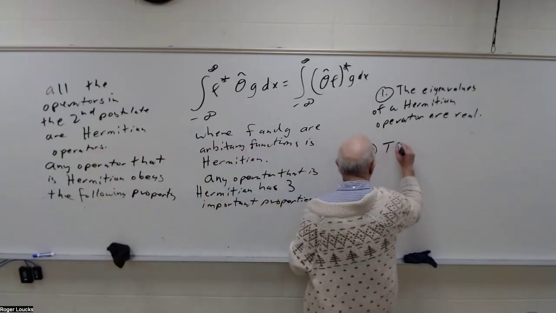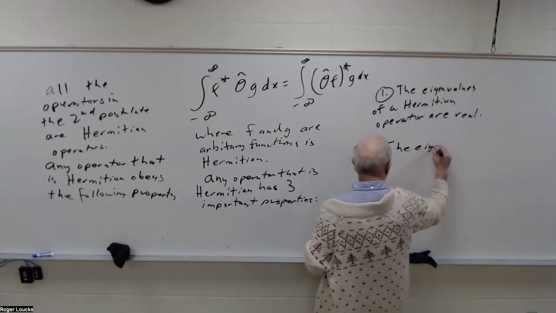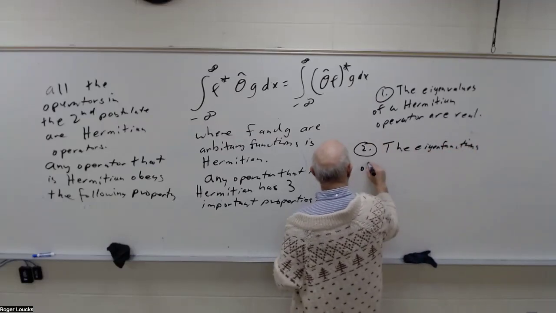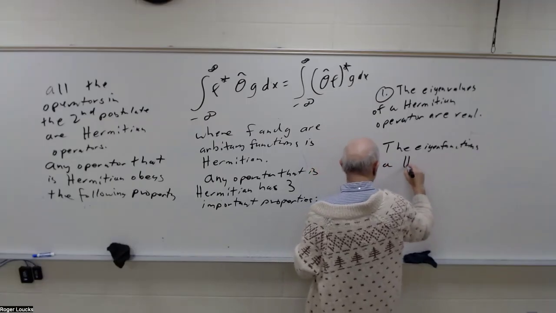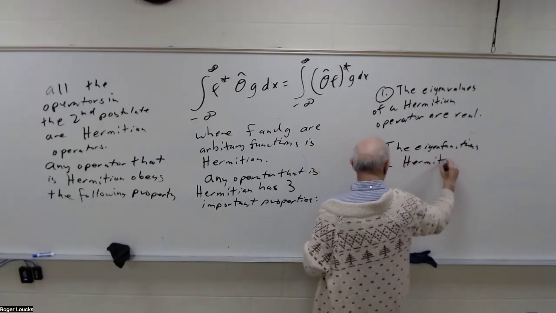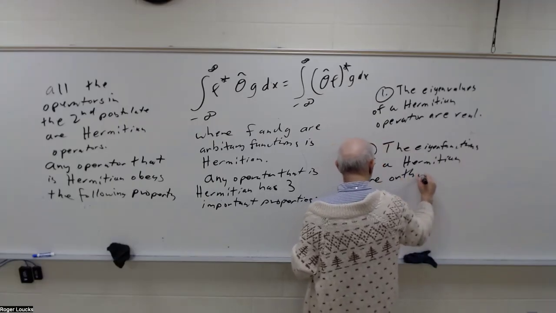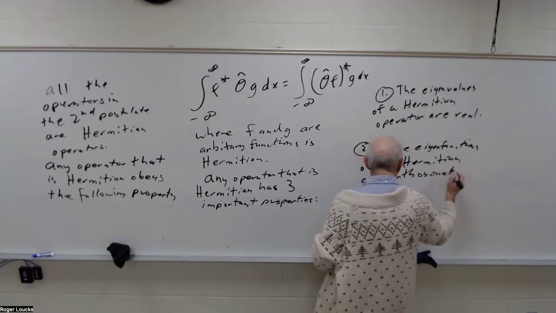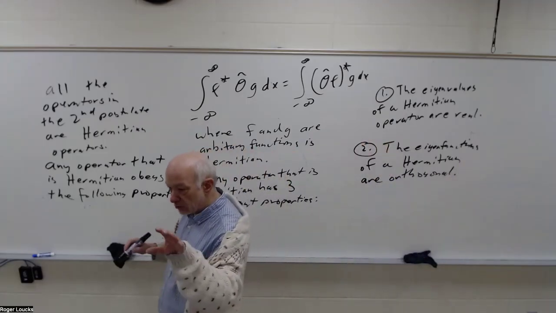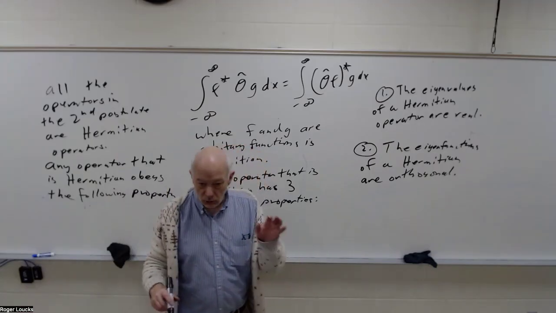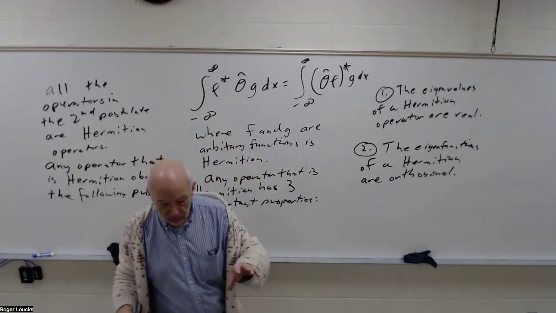Second, the eigenfunctions of a Hermitian operator are orthogonal. Okay, I'll explain what that means in a second. Right now, just write it down. Don't worry about what the word means. Don't worry about what the next word means either. I'm going to explain it in a second as well.